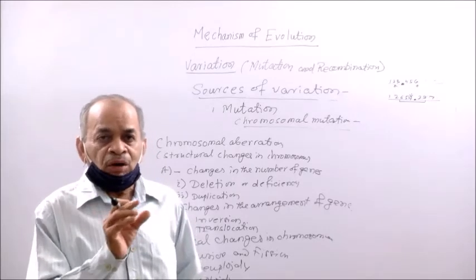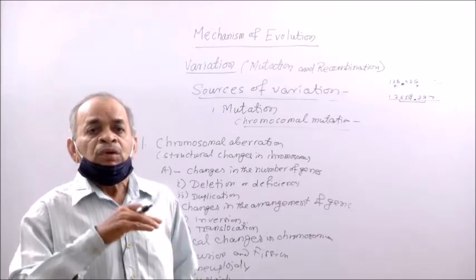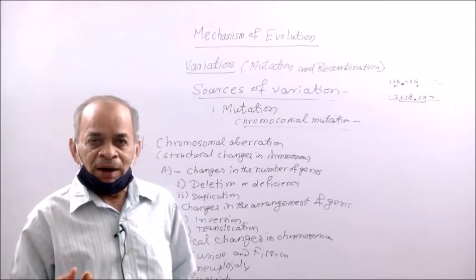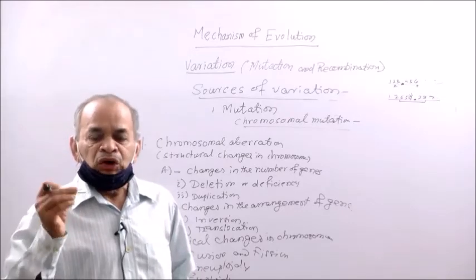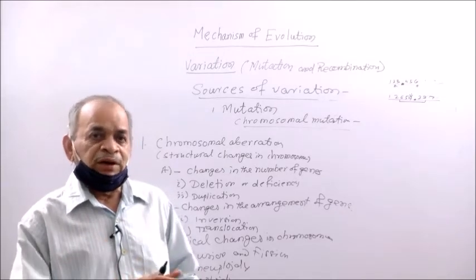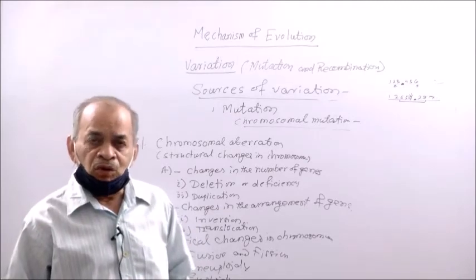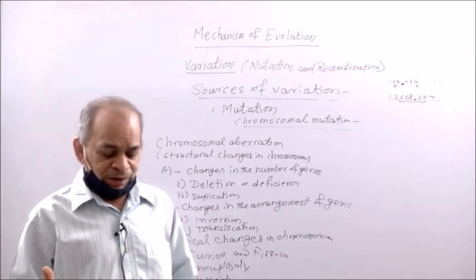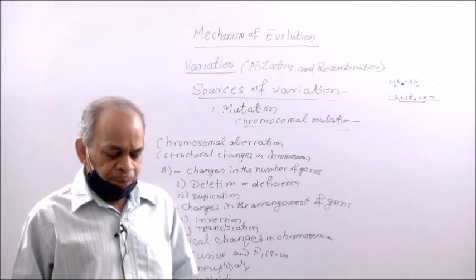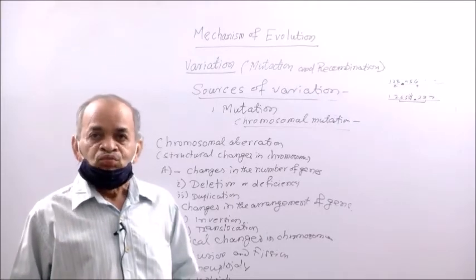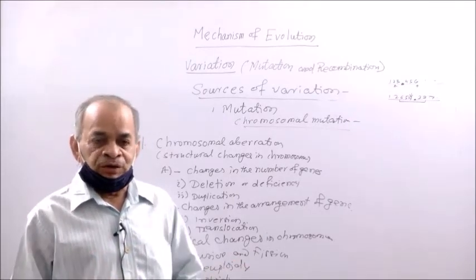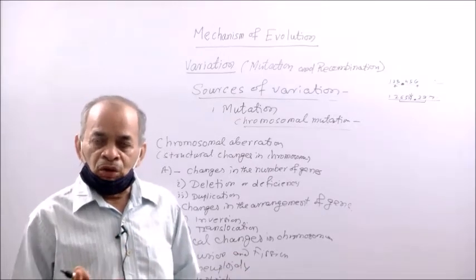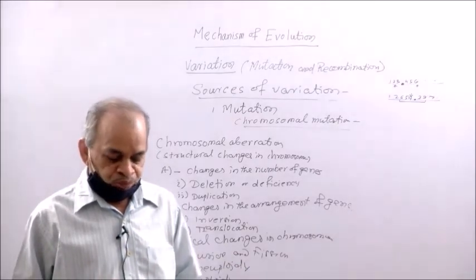A segment of one chromosome is exchanged with a non-homologous chromosome. Either it is shifted to that non-homologous chromosome or it is exchanged. It may be simple or reciprocal, meaning a portion is exchanged between two non-homologous chromosomes, that is reciprocal.